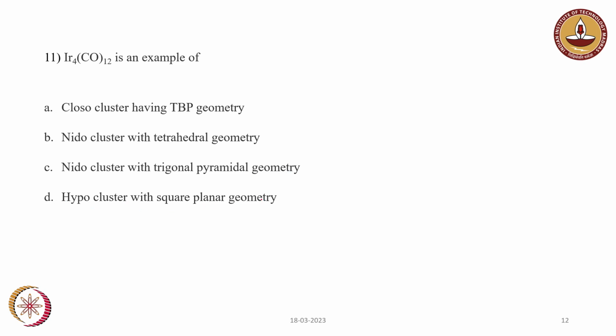So when we apply Wade's rule in metal carbonyls, one M(CO)3 unit can be considered as similar to one BH unit. So Ir(CO)3 will be 1 unit. So we have Ir4(CO)12, which means that there are 4 Ir(CO)3 units.